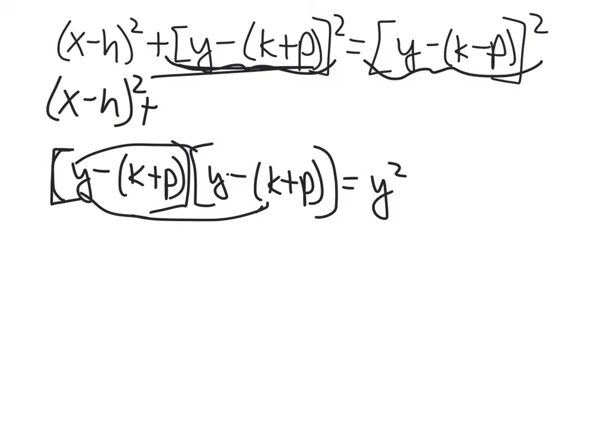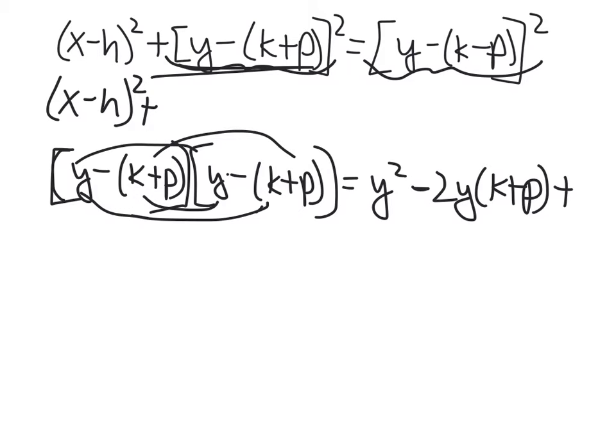We've got y times the negative binomial of k plus p plus another negative y times k plus p. So we can shorten that notation. We'll have two of those, so minus 2y times k plus p. And then the last part of FOIL, multiply our last: negative times negative gives a positive, so we'll have k plus p quantity squared.